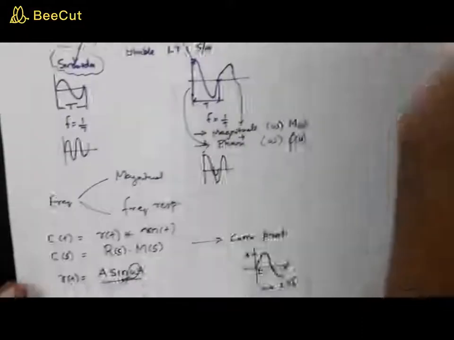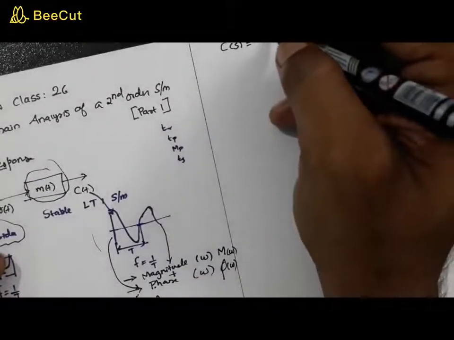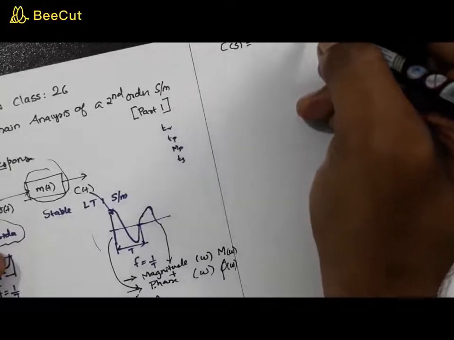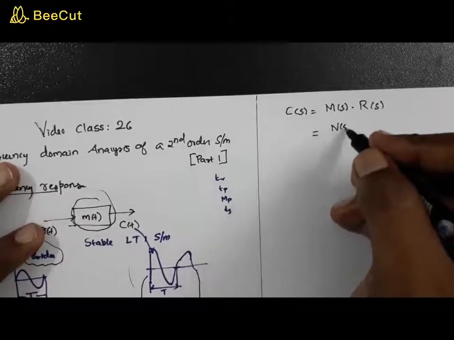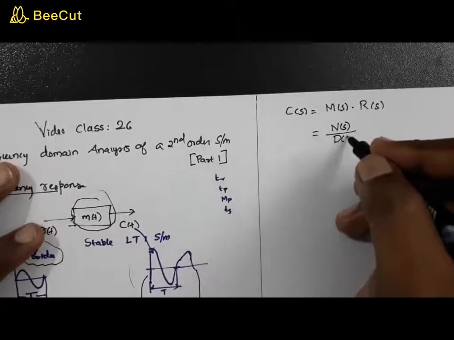Now using this equation, you can write C of S equal to M of S into R of S. I'm rewriting it for you. Now this transfer function can be considered as a numerator to a denominator polynomial, right?